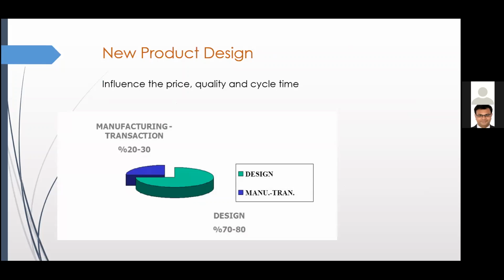If you see, design contributes 70 to 80 percent, and manufacturing contributes 20 to 30 percent. So whenever you are designing a product, the product quality, price, and cycle time depend on and are influenced more by the design.